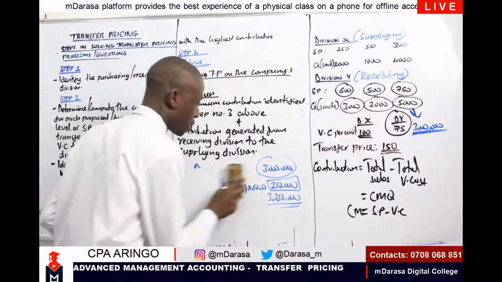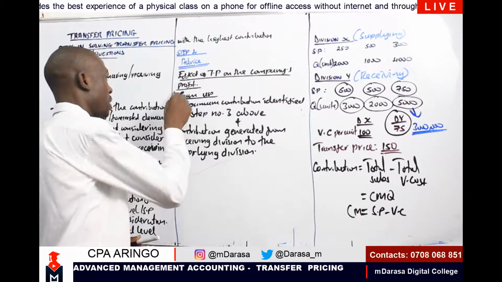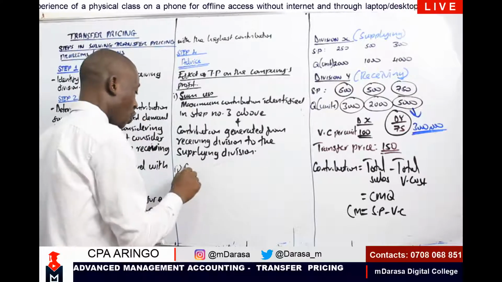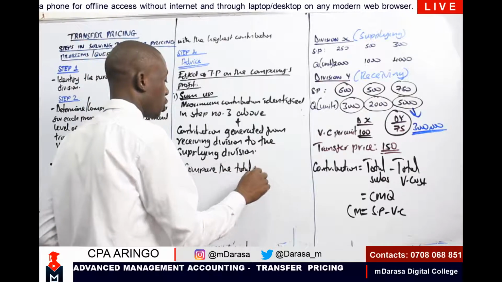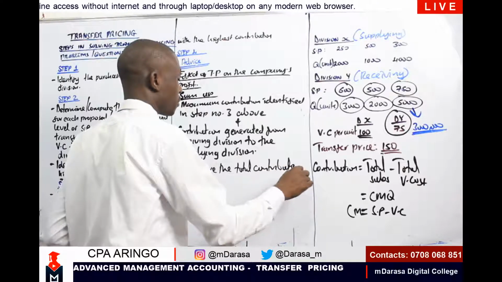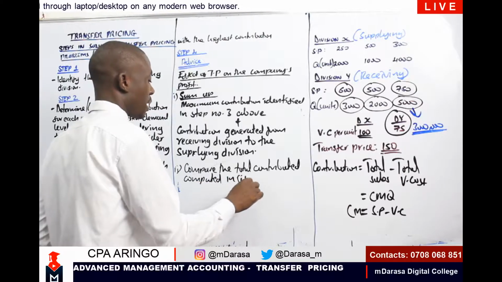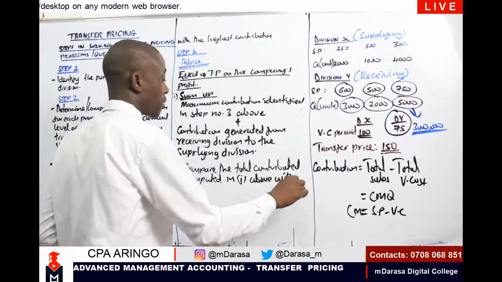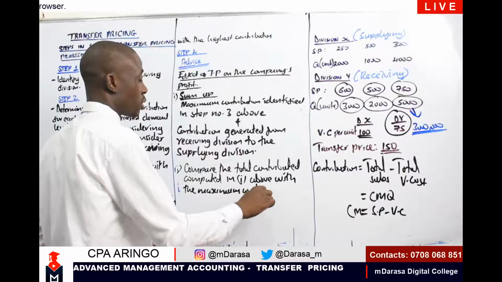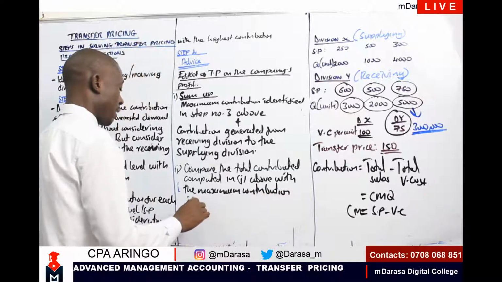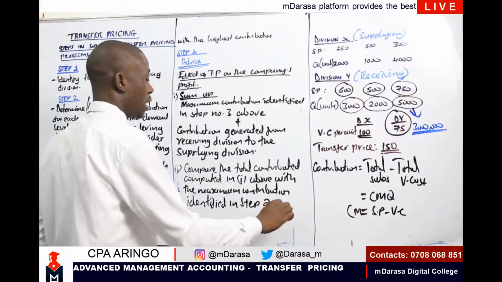So after we are done with that one: 1, sum up. 2, compare the total contribution computed in one above with the maximum contribution identified in step 2 above.